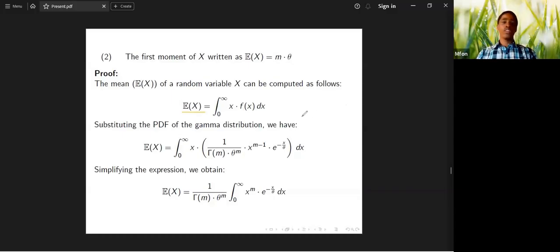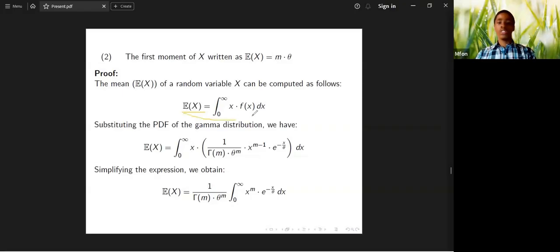So here now, we're going to look at the formula to get the expected value of the random variable x. Here the x is not one specific waiting time, but the generalized random variable x for the gamma distribution. So we know that the expected value of x is equal to the definite integral from 0 to infinity of x times f of x dx, and f of x is the PDF of the gamma distribution.